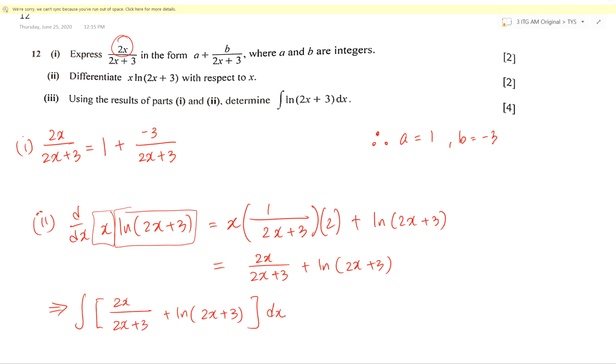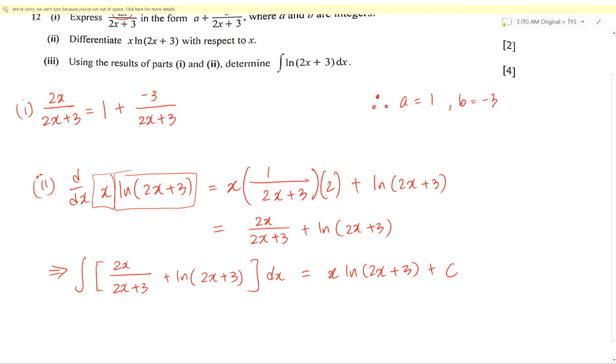If I integrate a derivative, I get back the same thing: x ln(2x plus 3). Remember that integration is a reverse of differentiation. But over here, we need to add an arbitrary constant c. So don't forget about this.